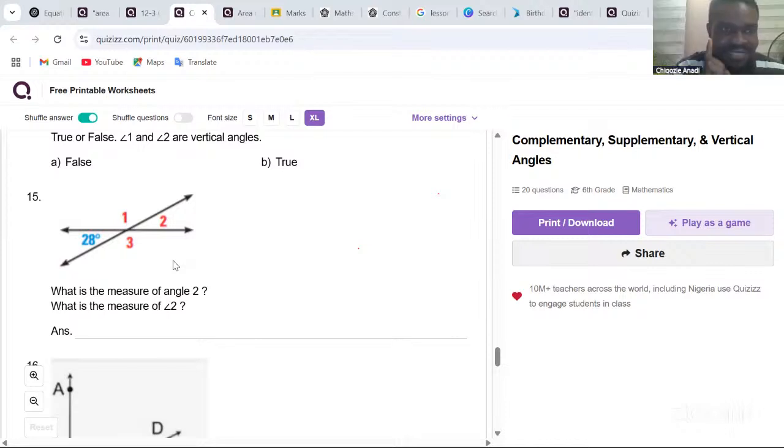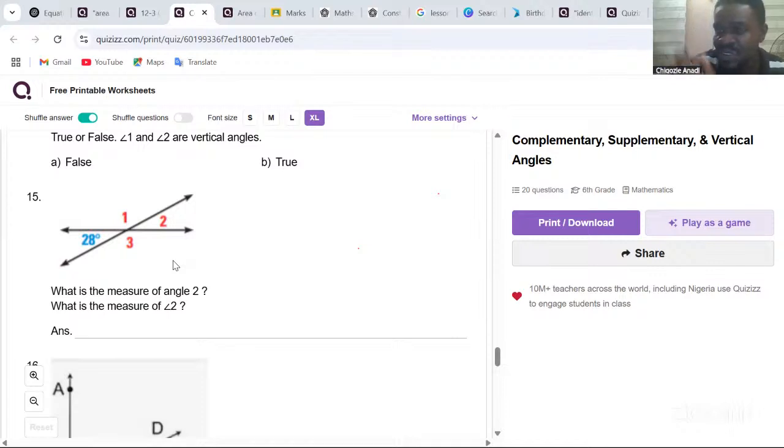Gerald, identify the vertical angles in that diagram. 1 and 3. Very good. And then 2 and 28. Okay, you're very, very correct.